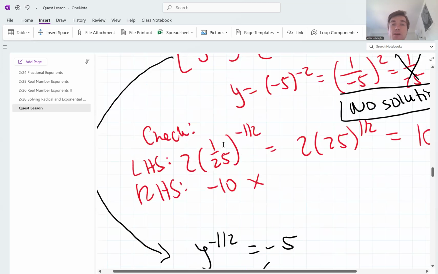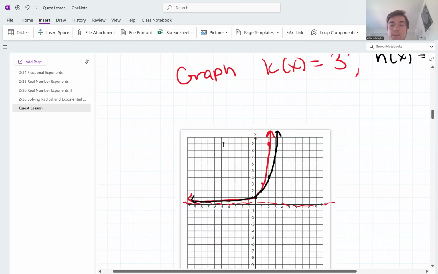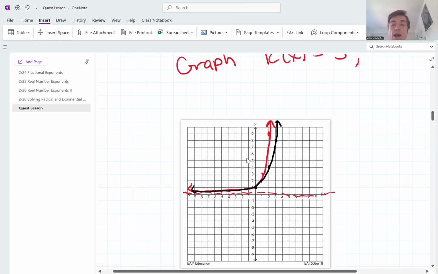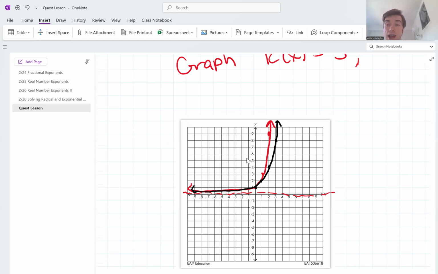And so we can say this because if you go back to the graphs from the beginning, we know that the function 2 to the x, the black one in this case, is 1-to-1. And you should ask yourself why we know that. And graphically, we know that because it will pass the horizontal line test. Okay, so kind of cool.